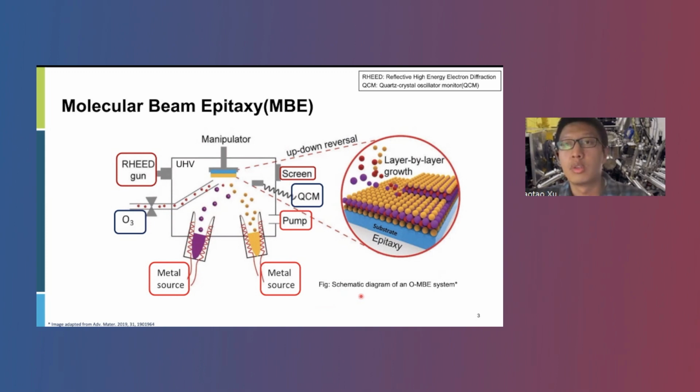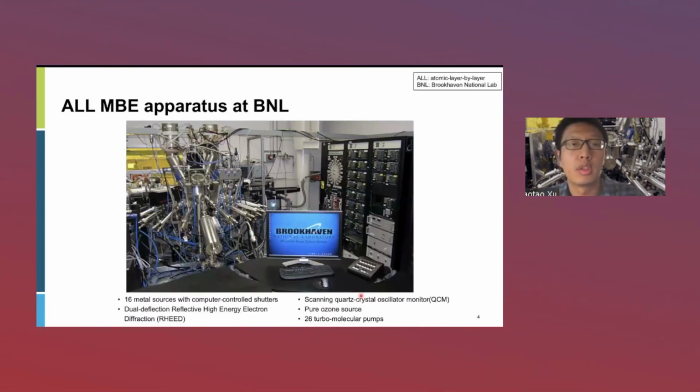So the actual realization of this simple concept is actually complex. Below is the MBE system at Brookhaven Lab. This system is equipped with 16 metal cells with computer-controlled shutters. It also has a dual deflection RHEED gun, the scanning quartz crystal monitor, and a homemade pure ozone source.